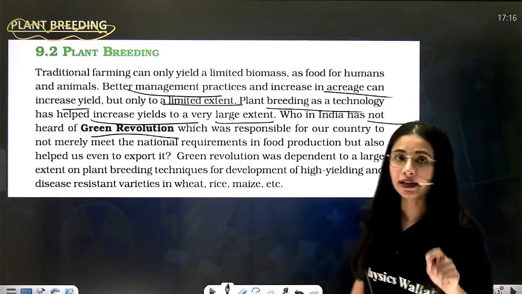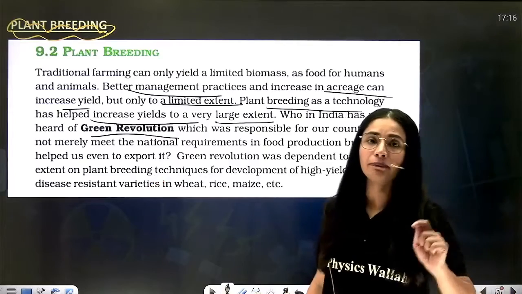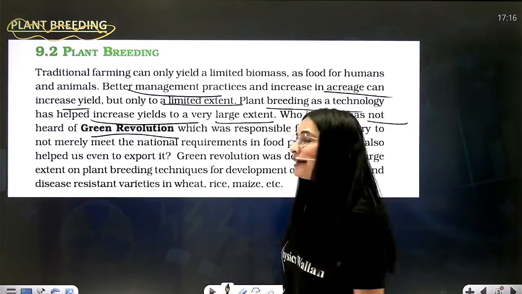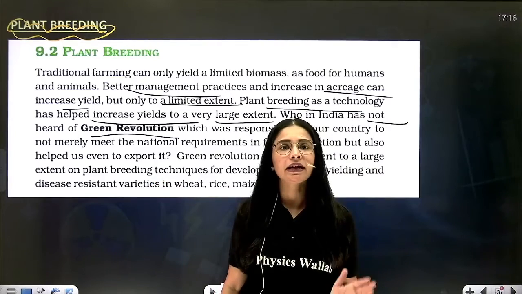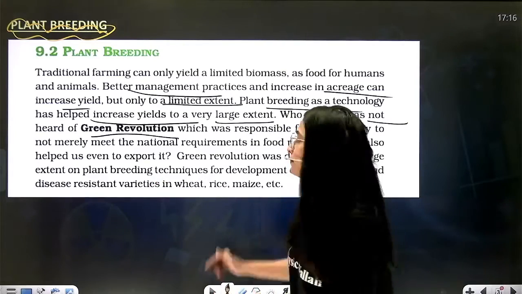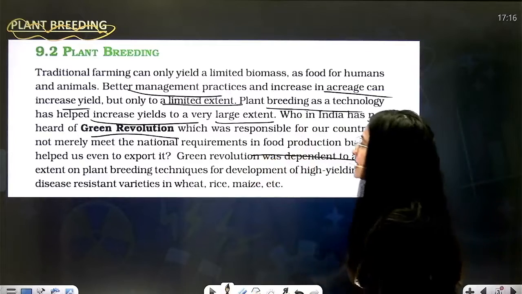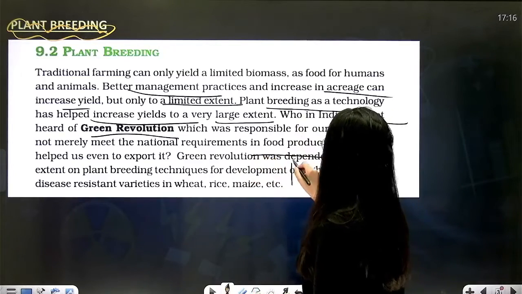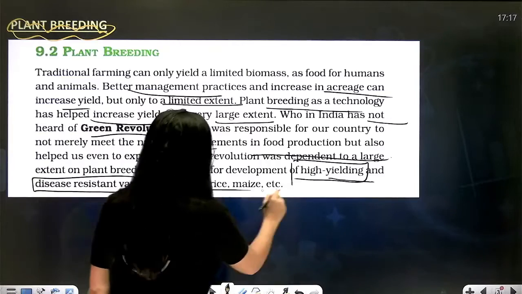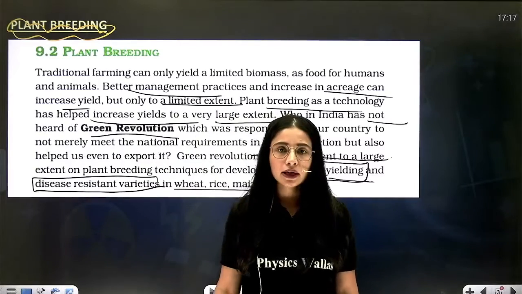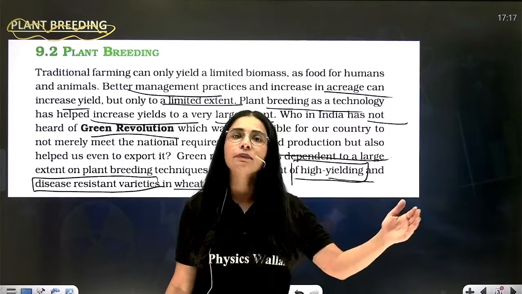Right? And the Green Revolution was the result of developing new hybrid varieties with the concept of plant breeding, conventional plant breeding, that is hybridization. So now we are going to study how these high yielding and disease resistant varieties are developed by the method of conventional plant breeding.